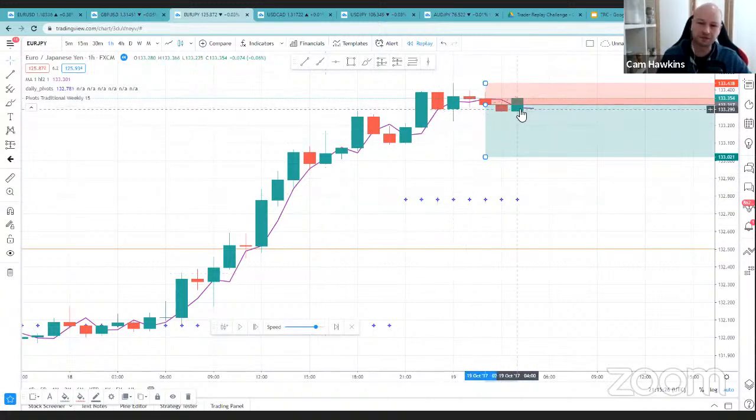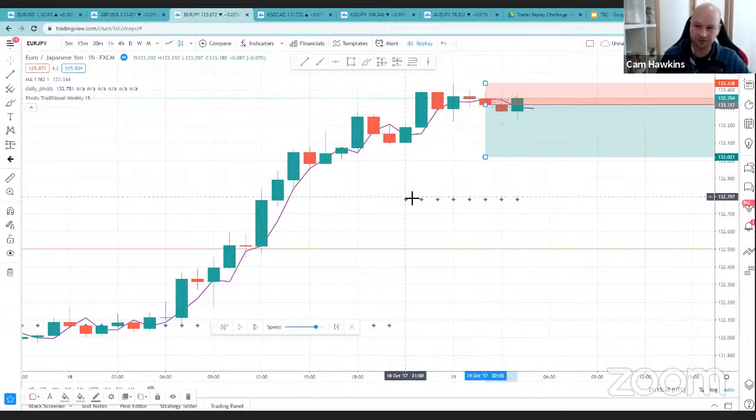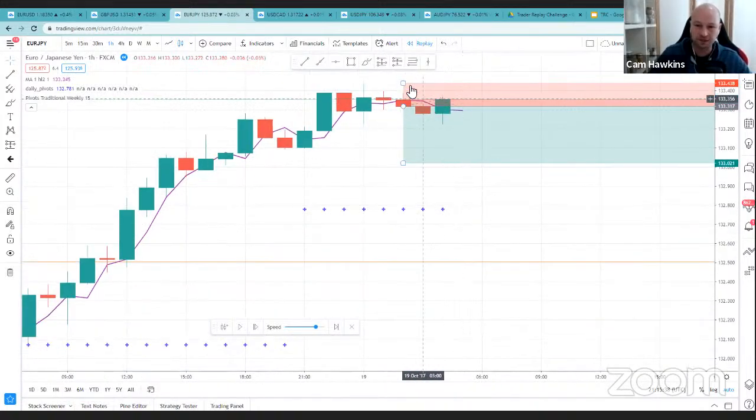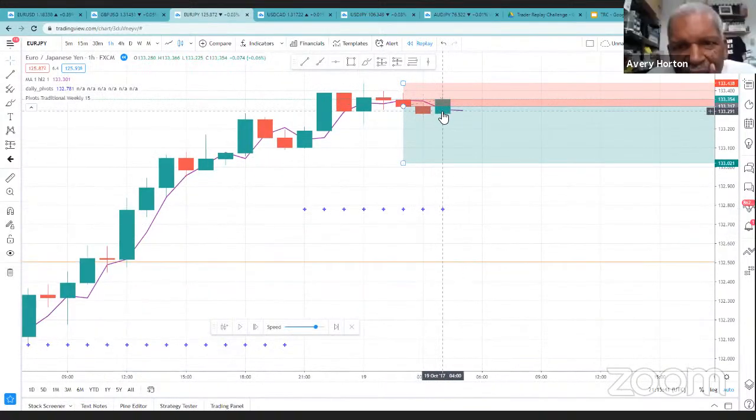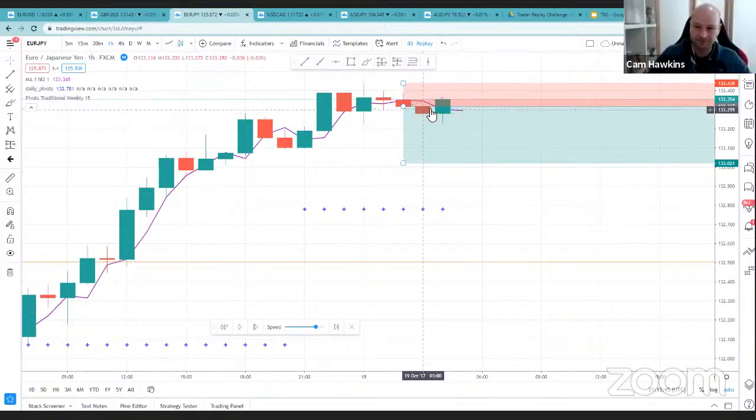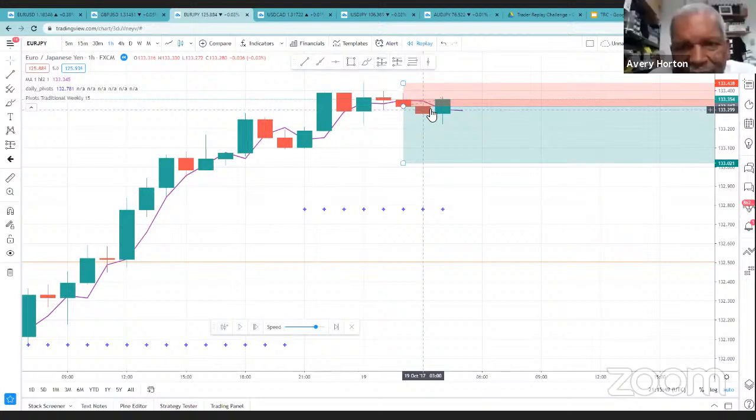What you're not doing, which I think is a bit unfair, is saying that at the end of this bar my stop loss is now here. I'm now exiting at that point. I'm moving my stop. I see. Okay.